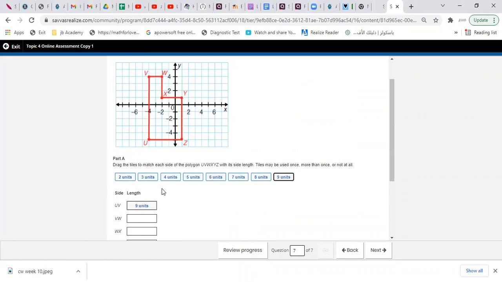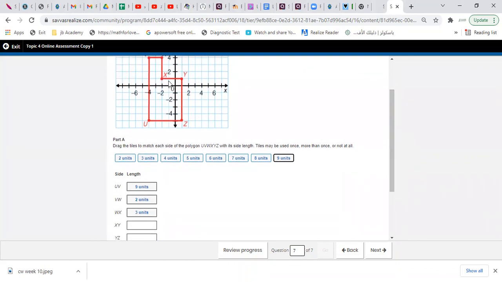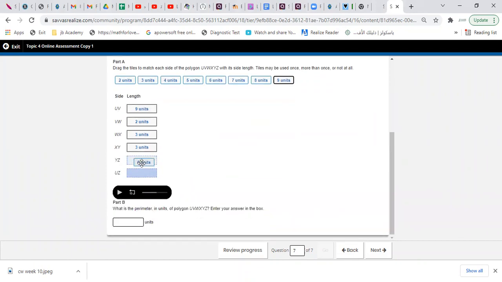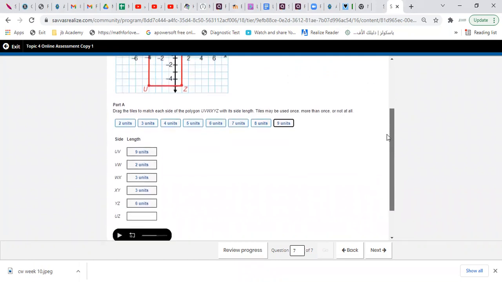VW, 2 units. WX, 1, 2, 3 units. XY, 1, 2, 3 units. YZ, 1, 2, 3, 4, 5, 6 units. UZ, 1, 2, 3, 4, 5, so 5 units.